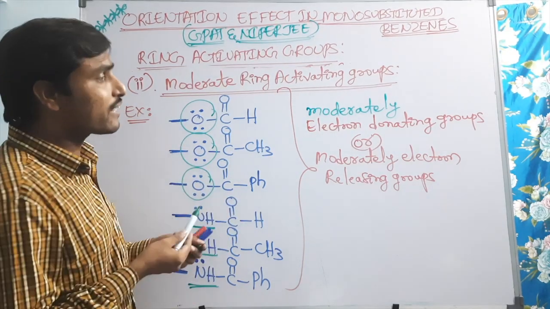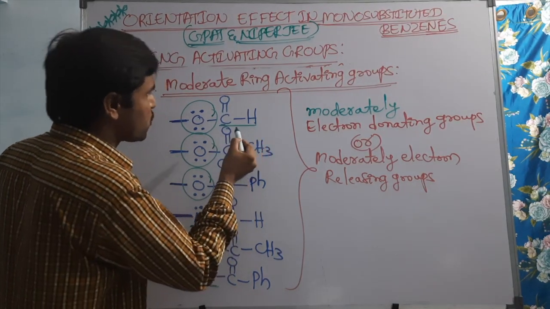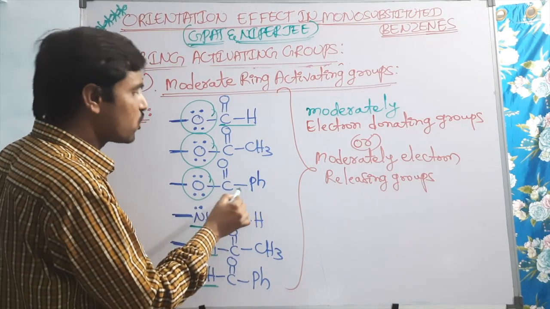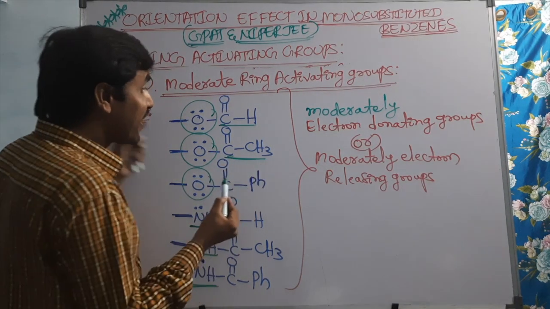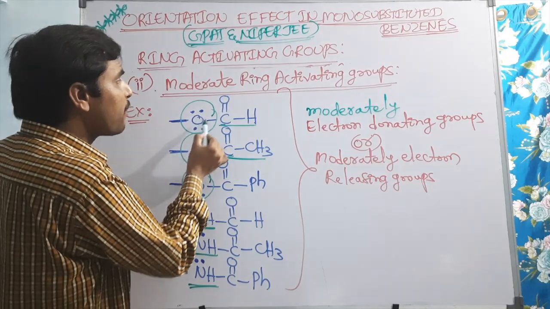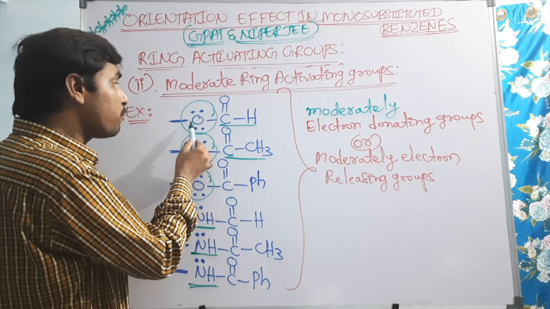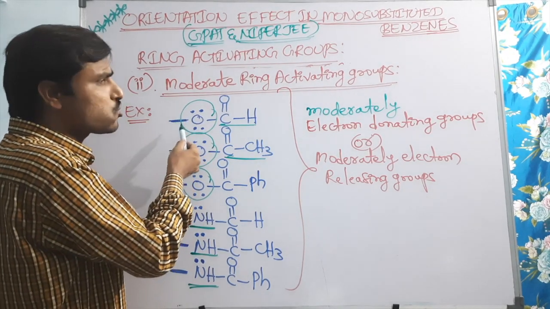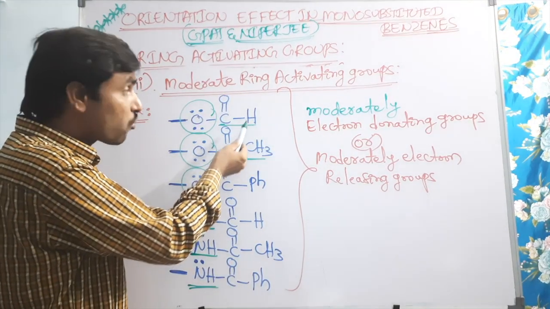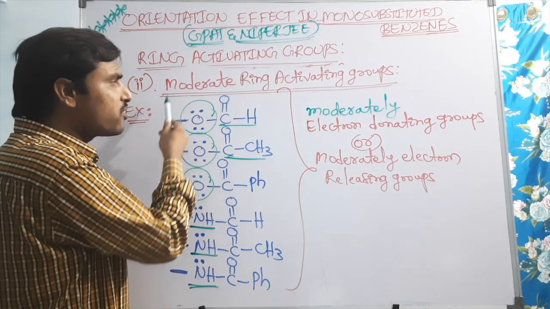Why can these compounds act as moderate electron donating groups? The C double bond OH, or C double bond O CH3, or C double bond O Ph fragment can act as an electron withdrawing group, but the other fragment can act as an electron donating group. The electron donating group is directly attached to the benzene ring, while the electron withdrawing group is attached to it, so the impact of the electron withdrawing group on the benzene ring is little.